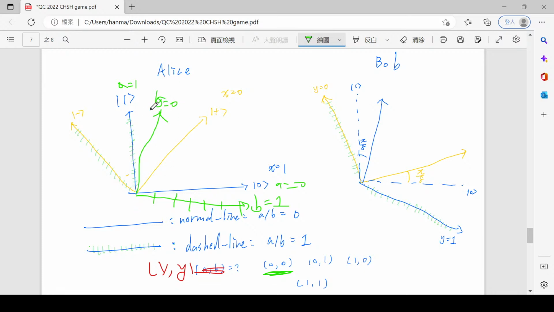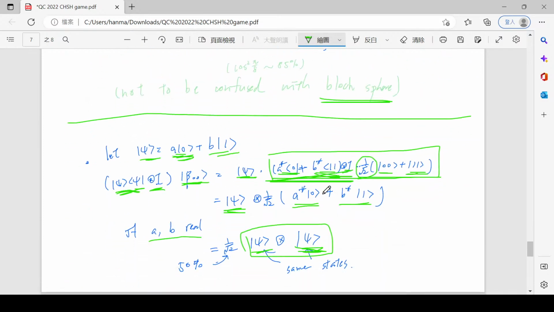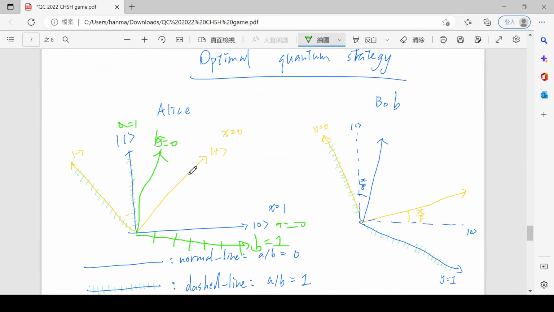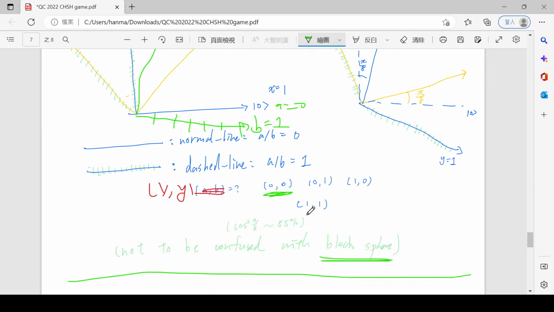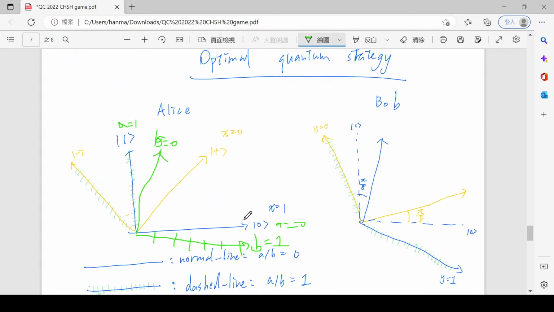So you see that we set this up nicely so that just when xy equals 1, 1, Alice and Bob will have this high anti-correlation, where they have 85% probability of outputting A not equal to B.